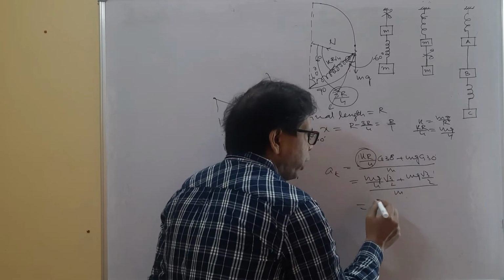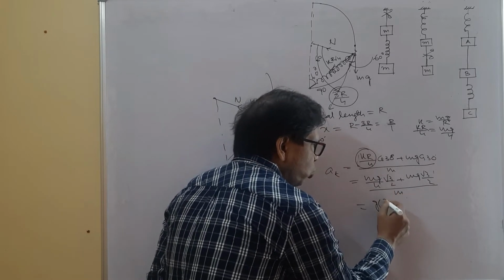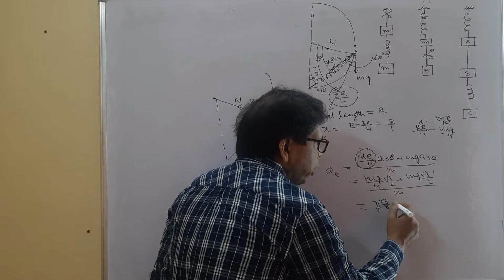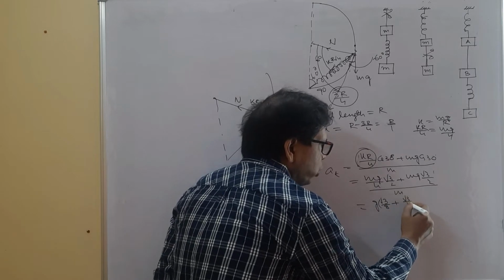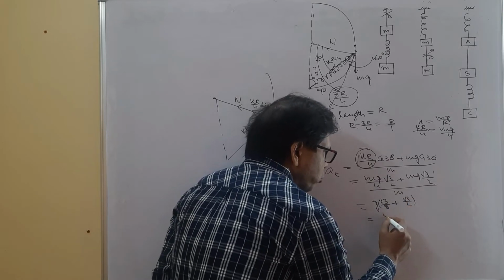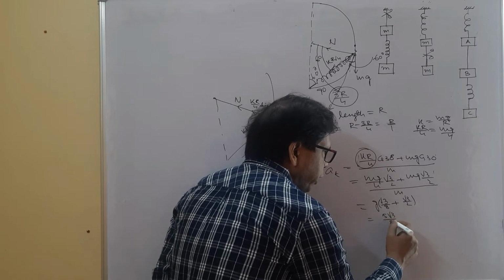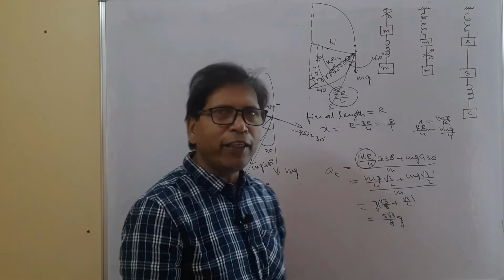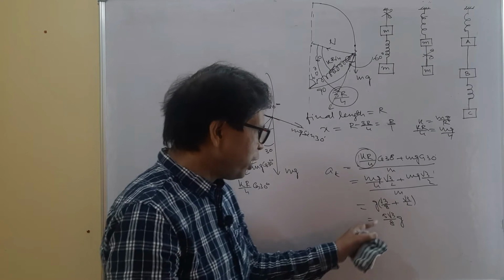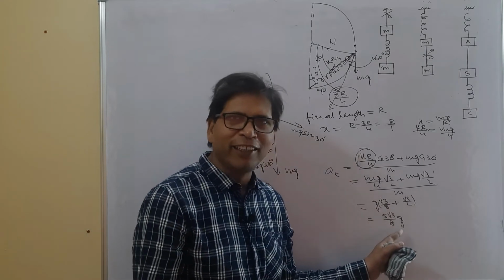So this becomes g into root 3 by 8 plus root 3 by 2, which is 5 root 3 by 8 into g. So the tangential acceleration of the ring is 5 root 3 by 8 g.